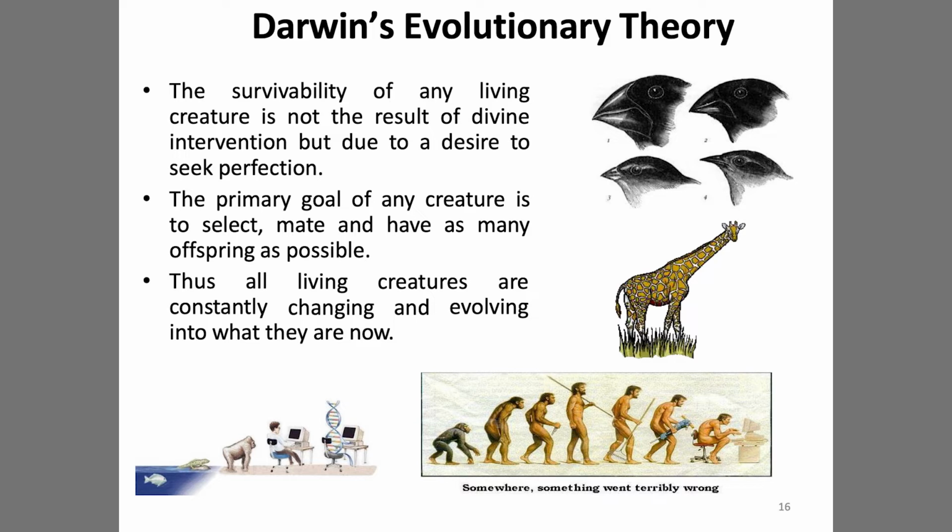Suppose due to some natural disaster the tree has grown short, then animals with a smaller neck can't feed, because they have to get the leaves in a perfect manner.